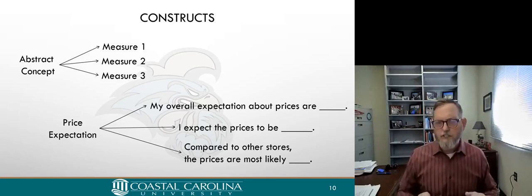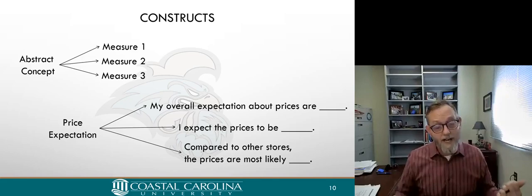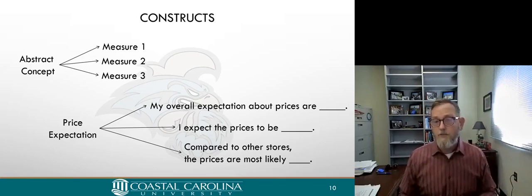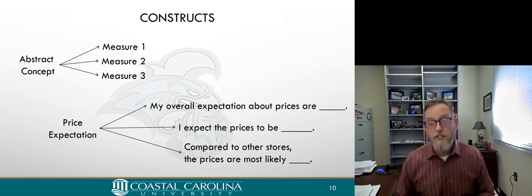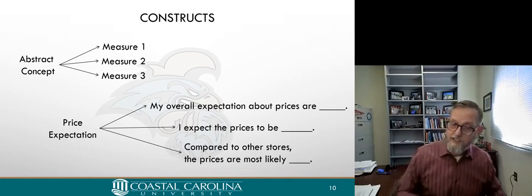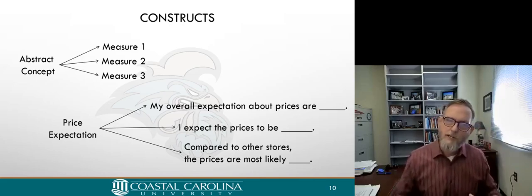Now, you might say, well, these are all the same thing. We just keep asking over and over again. But it's not. In fact, when we get the data, we'll see people respond differently to each of these 3 questions. Now, they'll be answered in a similar fashion, but they won't be answered identically.